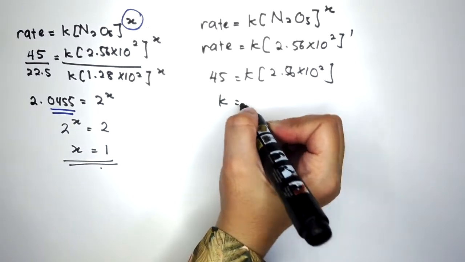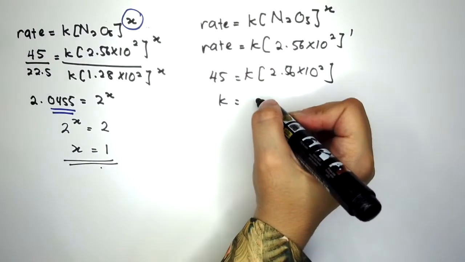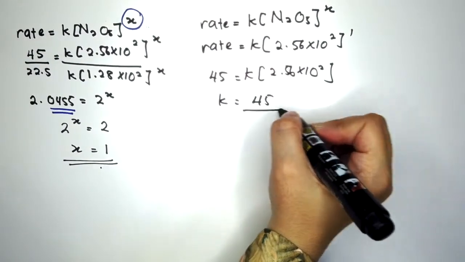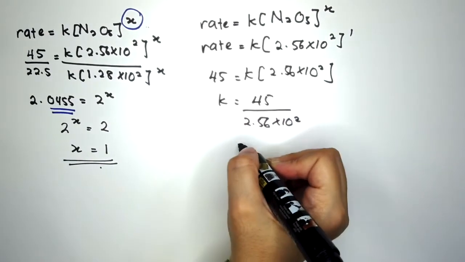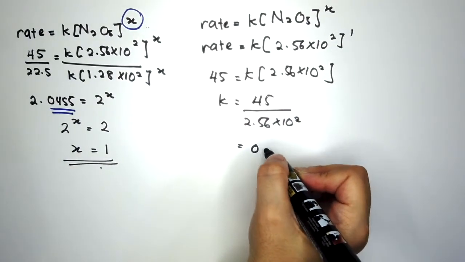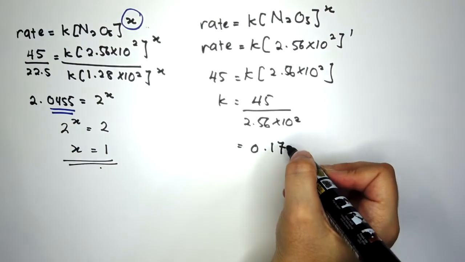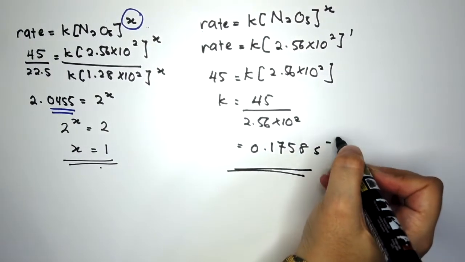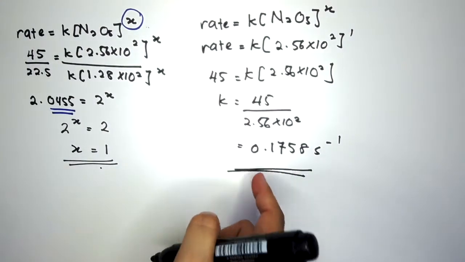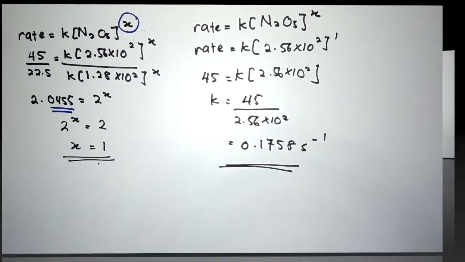So you should get the value of K is equivalent to 45 divided by 2.56 times 10 to the power of 2. You should get 0.1758, so per second. So this is your final answer for the second question.